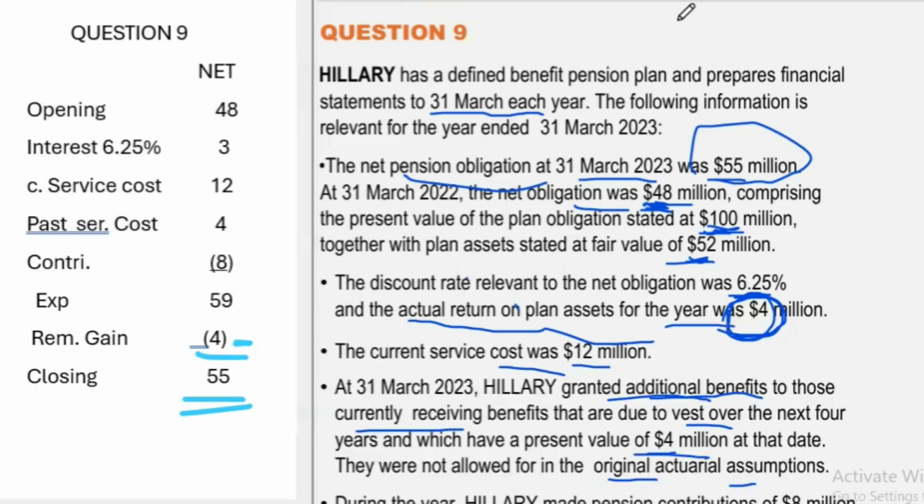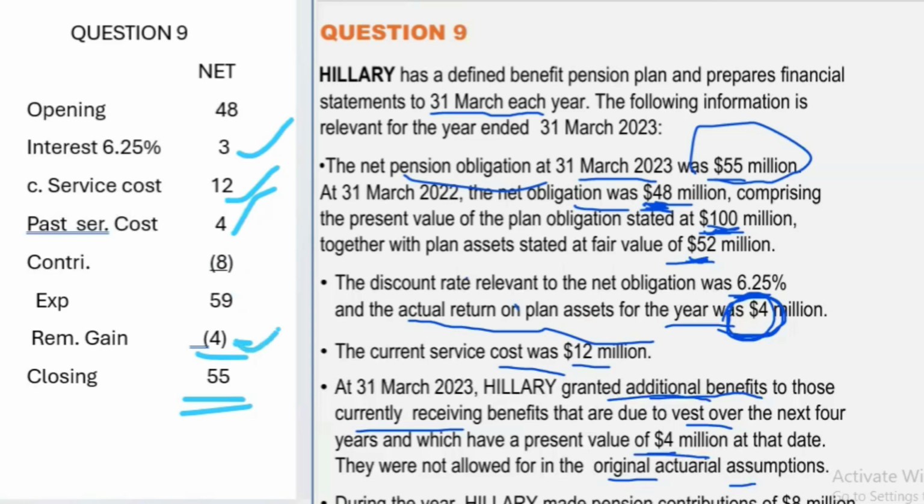So if you append your extract, this 3 million is interest expense, which will go to P&L. Service cost 12 million P&L, past service cost 4 million P&L. Then the contribution can affect your cash if paid.